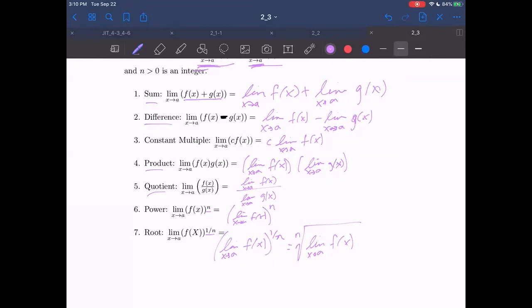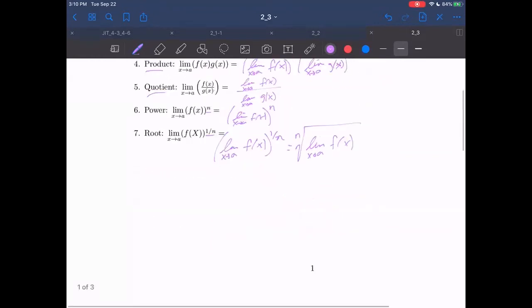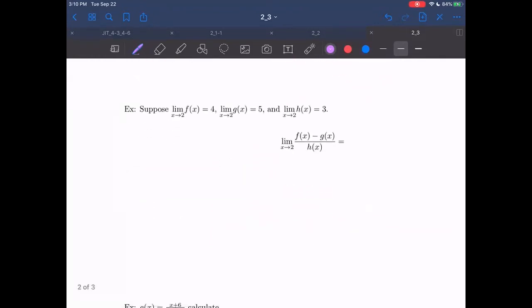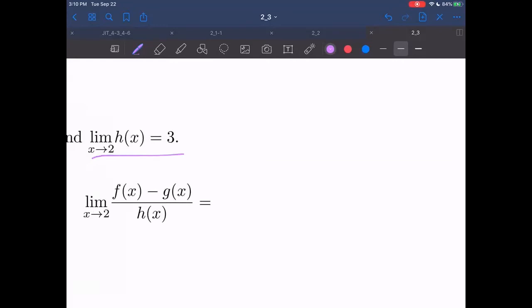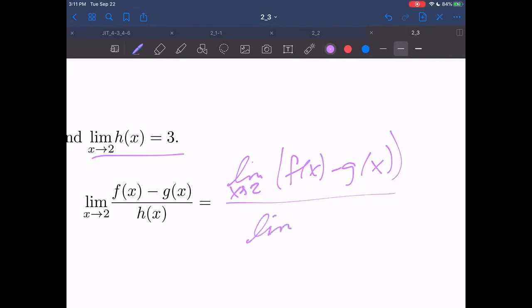So the limit laws will be really useful if you've got problems like this example where we don't know what our functions are, but we're given their limits. So we can use our laws up above to get it down to where we're taking the limits of the individual functions because we know how to do those. Okay, so for example, we've got the quotient property, so we'll have the limit as x approaches 2 of f of x minus g of x divided by the limit as x approaches 2 of h of x.